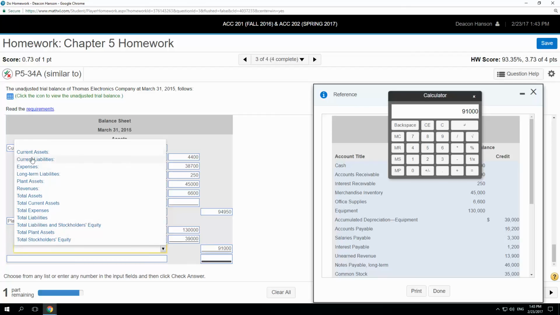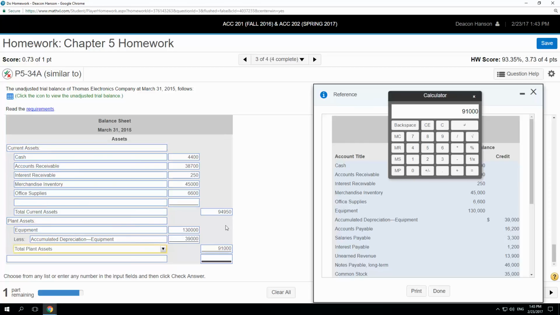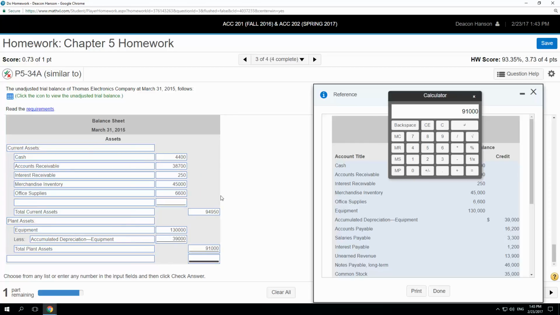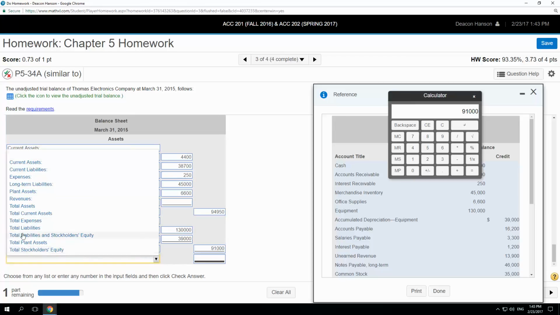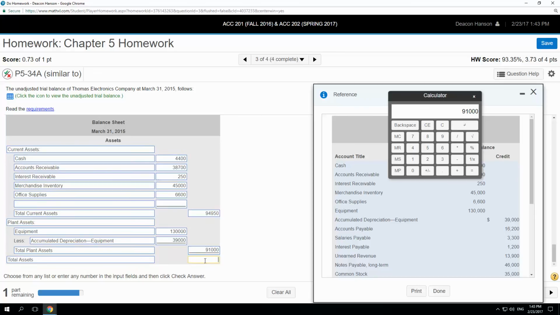We'll call that my total plant assets. Okay? So if I add my total current assets to my total plant assets, I will have my total assets. Okay? So we're going to call that total assets. We'll have 185,950.